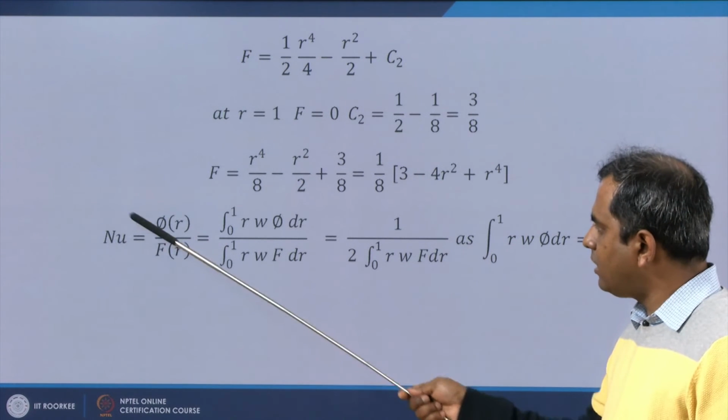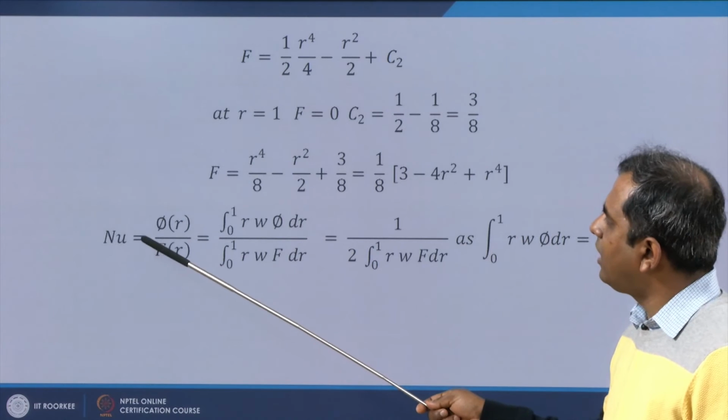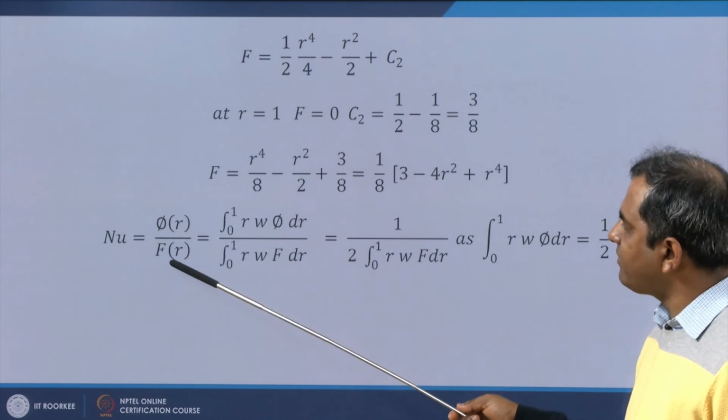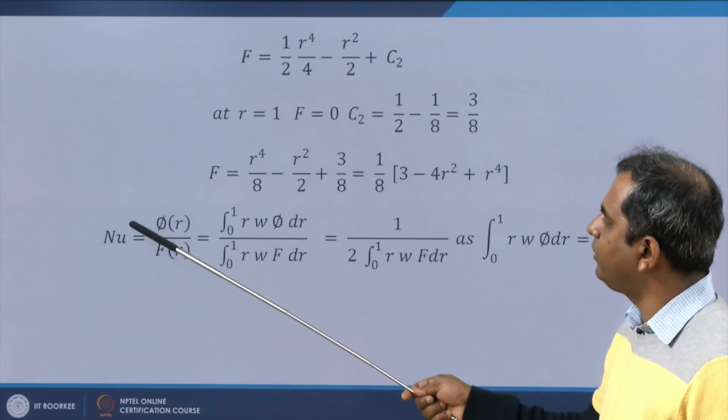Let us now try to find out the Nusselt number. As per our consideration, the Nusselt number will be phi by f, because we have considered phi equals f into Nusselt number.